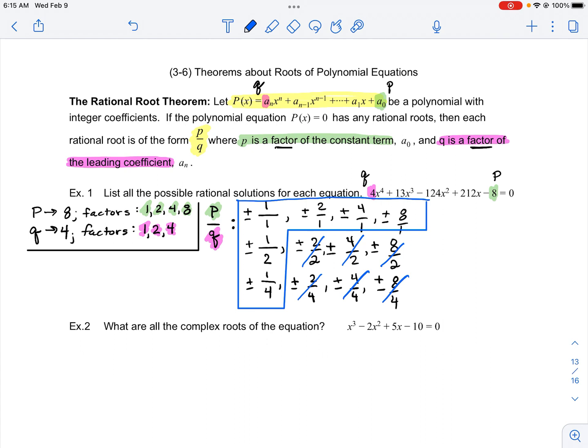So plus or minus 1, plus or minus 2, plus or minus 4, plus or minus 8, plus or minus 1/2, plus or minus 1/4. So you end up with 2, 4, 6, 8, 10, 12 possibilities for a value that's rational that will divide into our polynomial without a remainder.